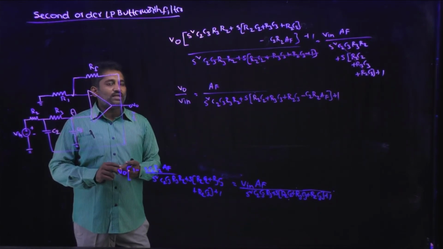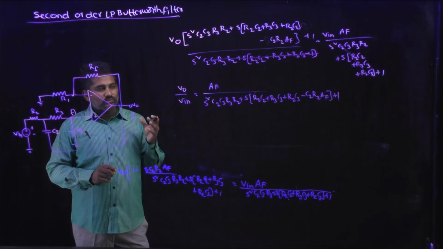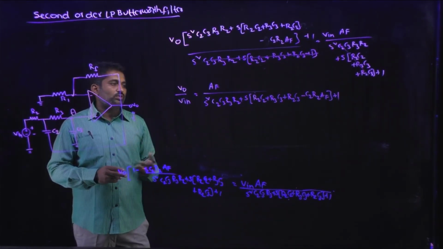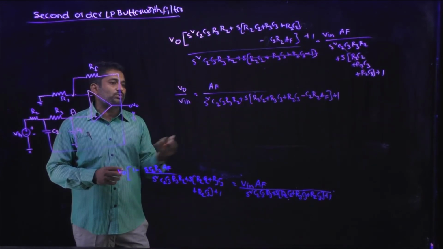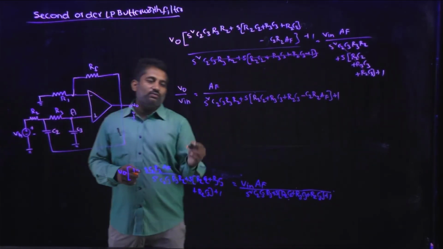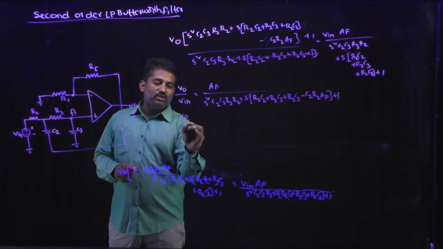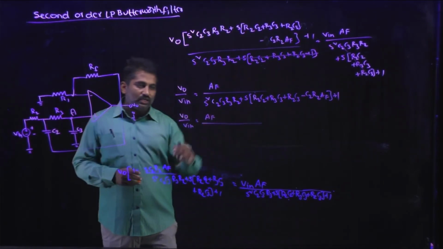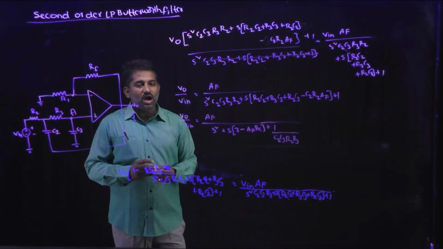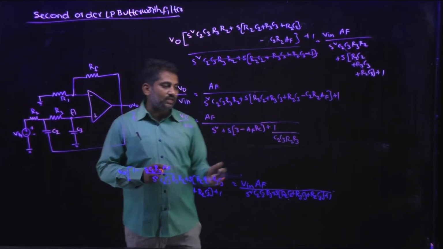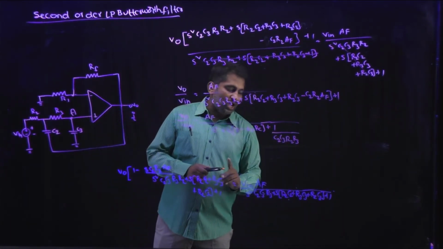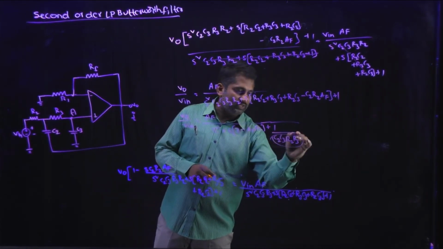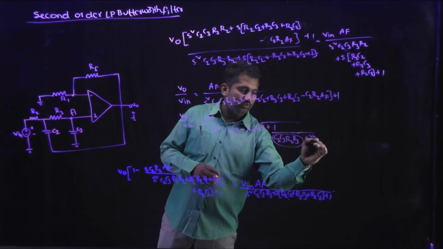So for the calculation purpose I am treating R3 equal to R2 equal to R, and C2 equal to C3 equal to C. Then V0 by Vin will be equal to AF divided by, taking common under R square, because C2 is equal to C3 and R2 is equal to R3, so this term will be represented as C square into R square.